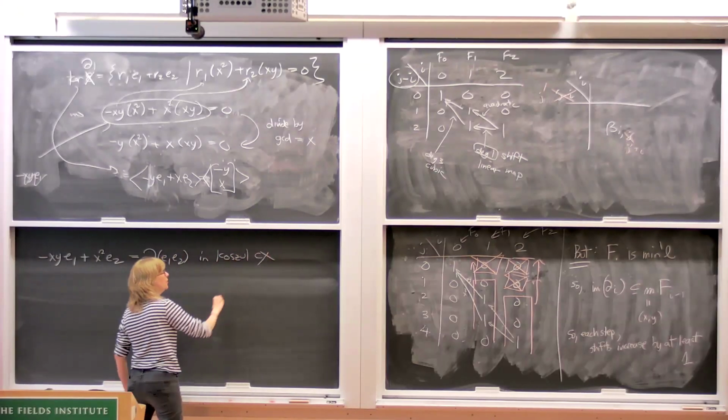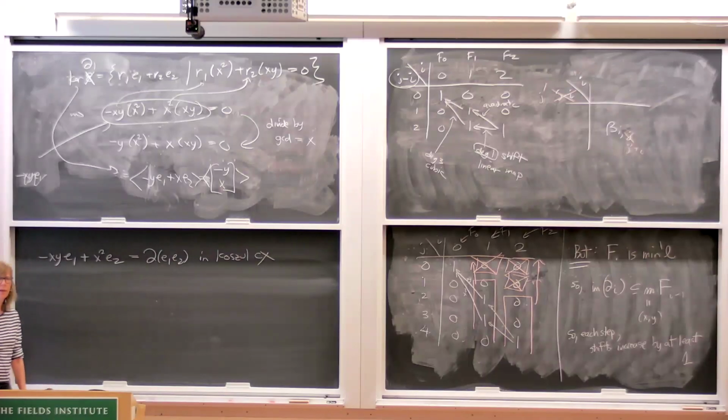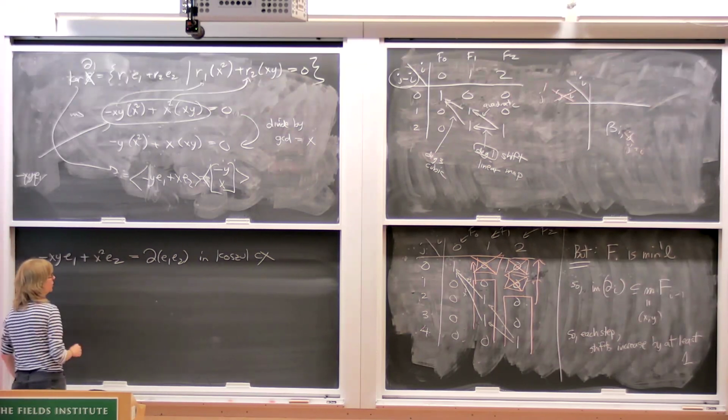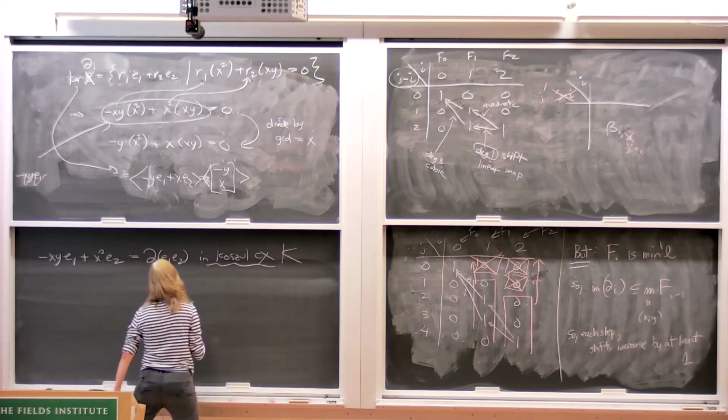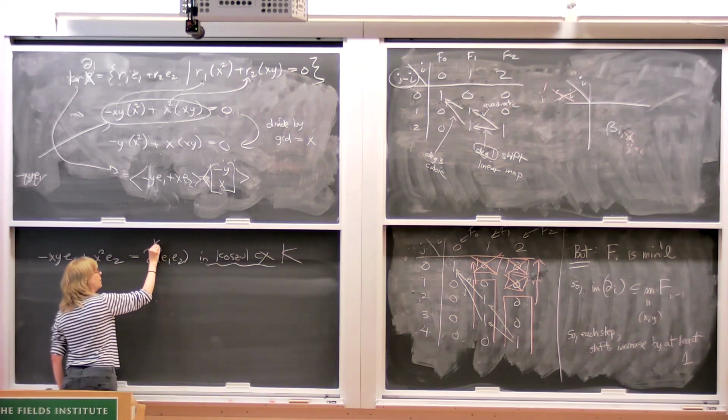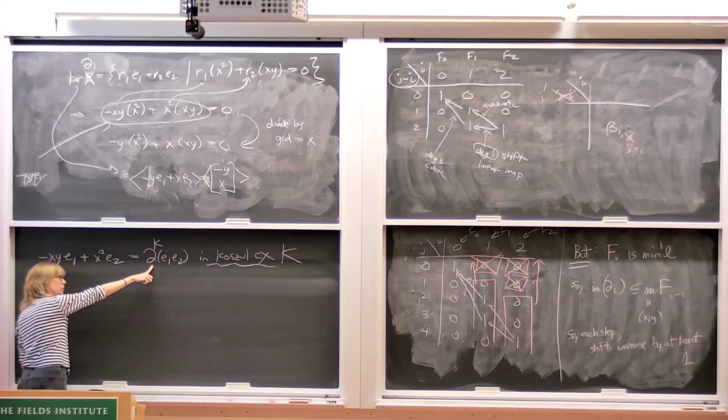So if I just went on and wrote the Koszul complex for the rest of this, this is a differential of the product E1, E2. I'm not writing the Koszul complex, but were I to continue, it would be the differential K in the Koszul complex.